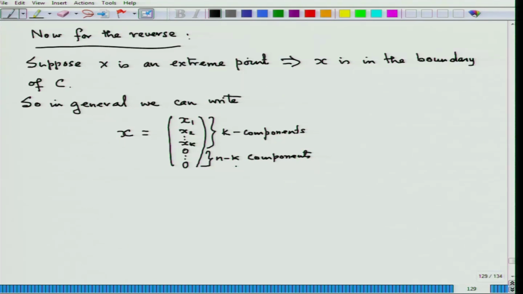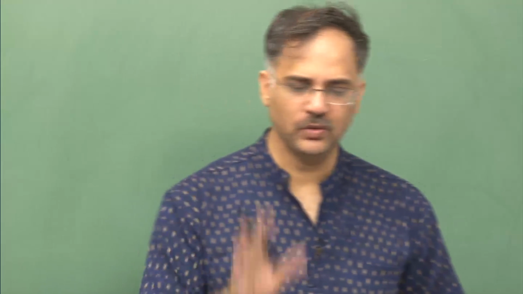So, it could be that n minus k is 0, that is n is equal to k, but in general you can always write an extreme point in this way.